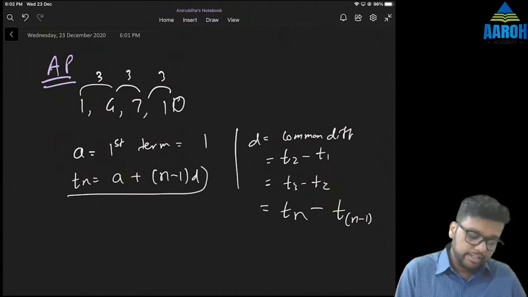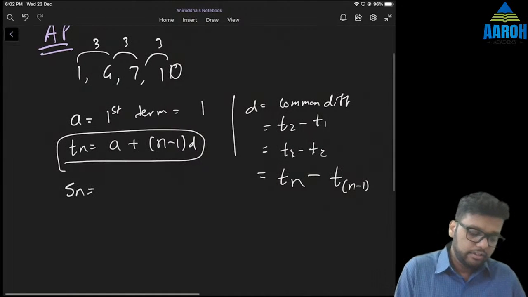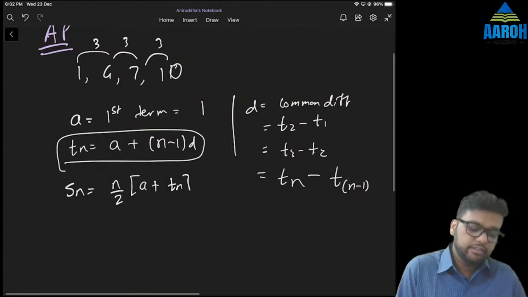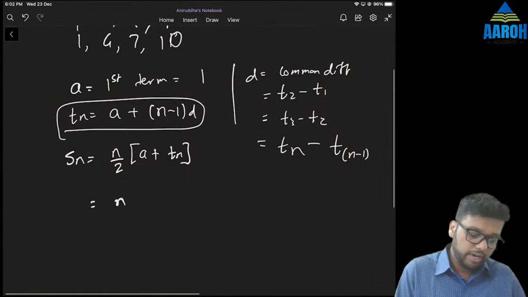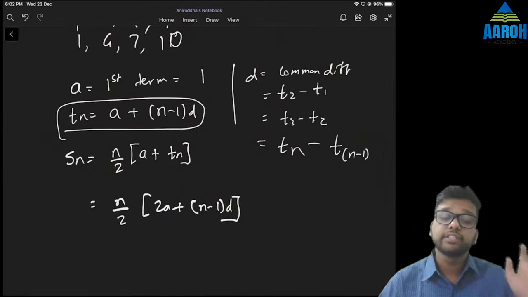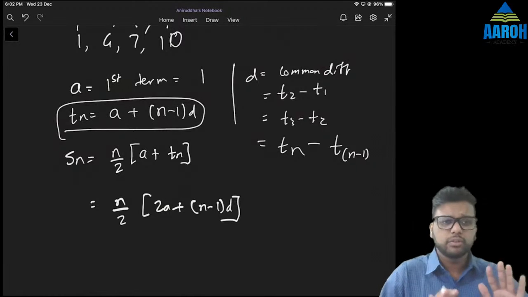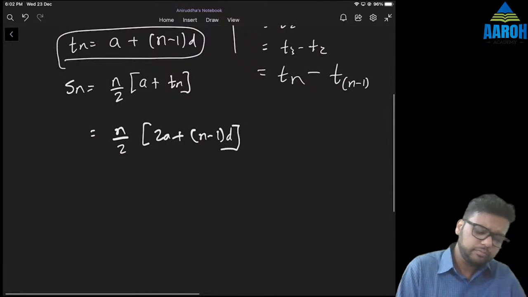So we get Tn using this. Then if we want the sum of n terms, we get Sn using n by 2 into A plus Tn, or n by 2 into 2A plus n minus 1 D. I'm not explaining the formulas right now, we are just revising. Our objective is to solve the exercise, so let's revise this quickly.